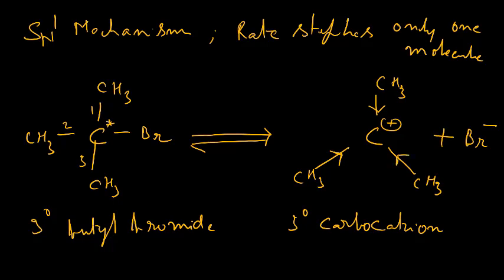So this carbon atom bearing the positive charge gets electron density from these three carbon atoms, therefore the positive charge is minimized. As the positive charge is minimized, its stability increases. Therefore tertiary carbocation is more stable.